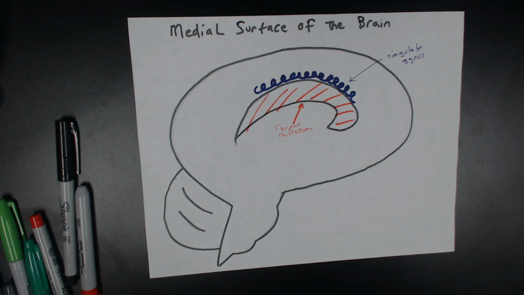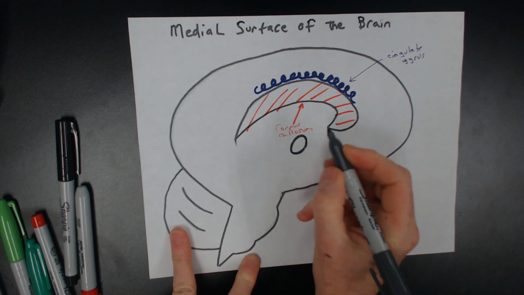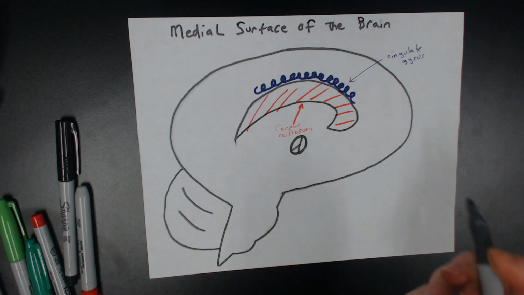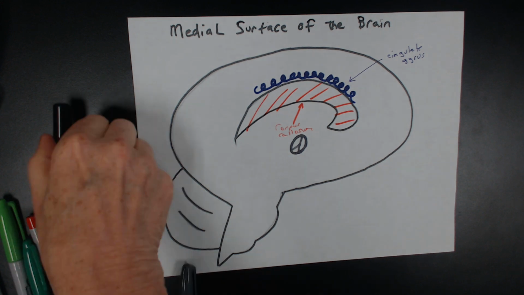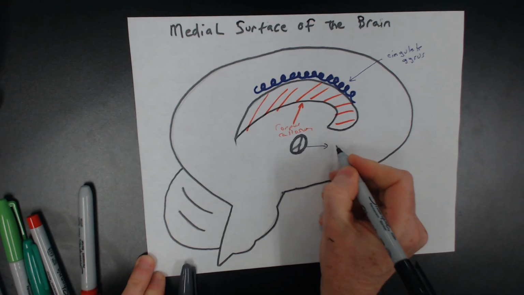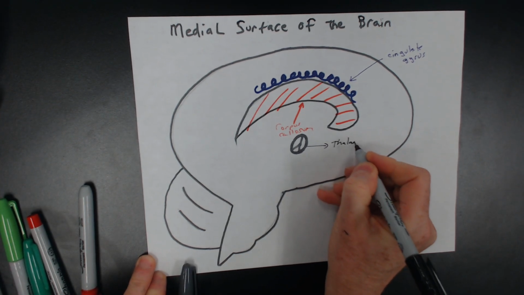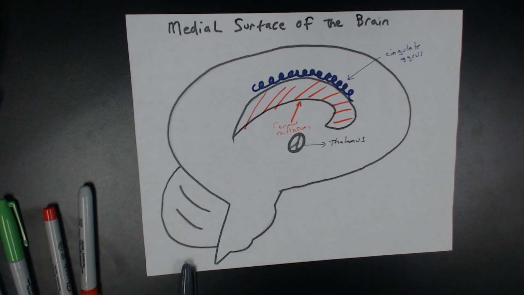Let's say that. Now, we talked a little bit previously about one of those gray matter islands. So it's a kind of nucleus that we labeled, and I said it's associated with sensory interpretation. And this is going to be your thalamus. Other things that we're going to talk about as the semester goes on.